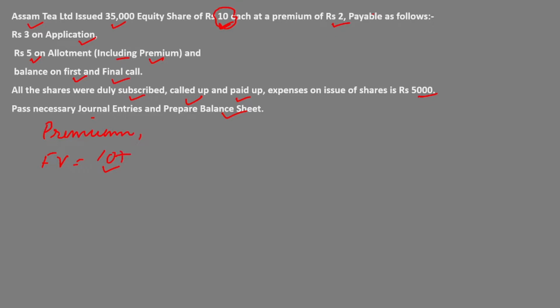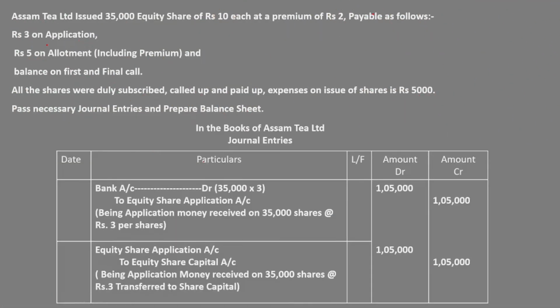The higher price will be considered as 12. Why? Because rupees 2 for premium is also included. That's why the cost of each share will be rupees 12, and this rupees 2 will be considered as a premium. Now let us solve one by one.